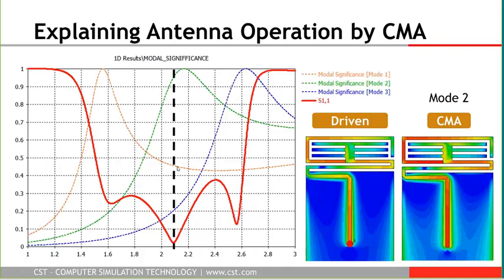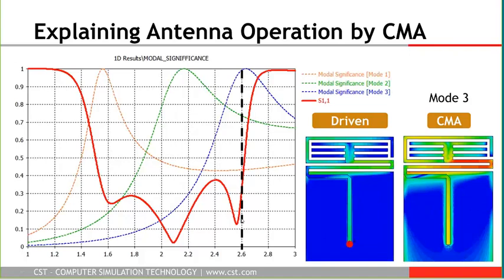When we move to the second resonance, we see that mode 2 is most significant, but there might be contributions of the other two modes, and the same at the third resonance. This time the third mode is the most significant, and there is a contribution of the two other modes.